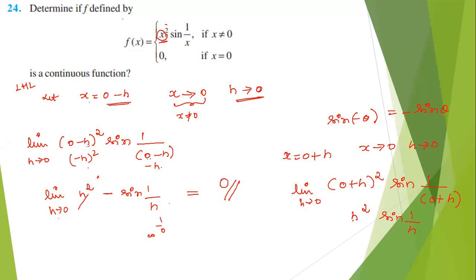When h is tending to 0, this is 0, so 0 multiplied by something is 0. So you get 0 itself. Got it? So left hand limit and right hand limit are both the same. Even the value of the function at x is equal to 0 is 0. So this function is also continuous.